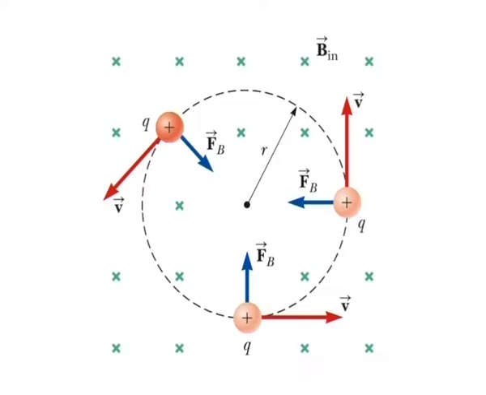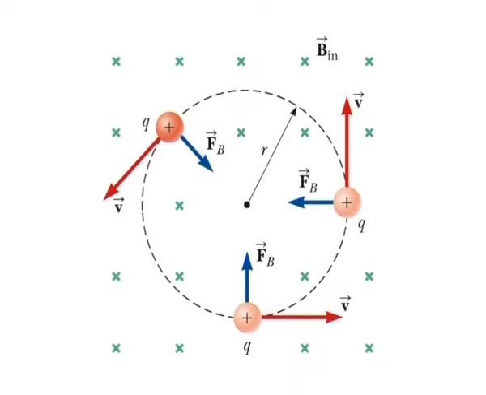As the particle changes the direction of its velocity in response to the magnetic force, the force remains perpendicular to the velocity. As we know, if the force is always perpendicular to the velocity, the path of the particle is a circle. The figure shows the particle moving in a circle in a plane perpendicular to the magnetic field.